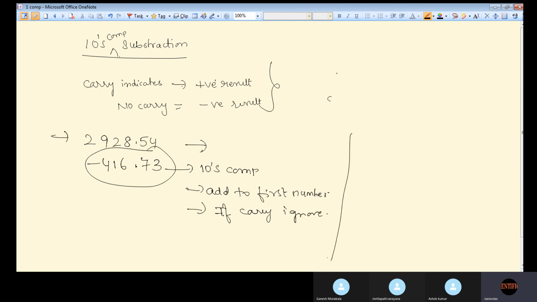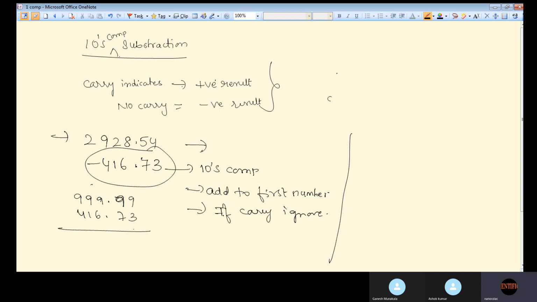I will explain what is the tens complement of 416.73. Find out 999.99 minus 416.73. What is the answer you got? I think there is some mistake.